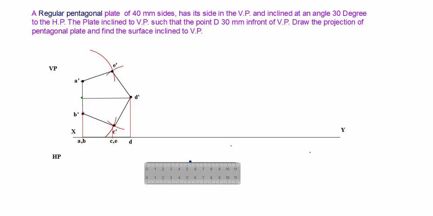And we take the marking of one more point, the plan of side AB, which is resting on VP, so its top view is always on the XY line. So here we mark our A and B.